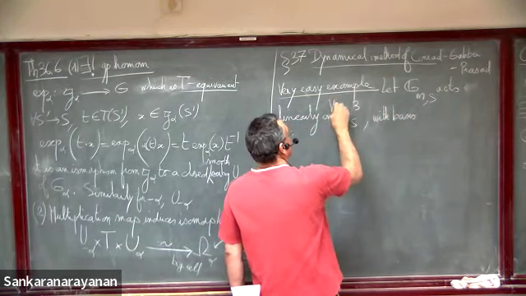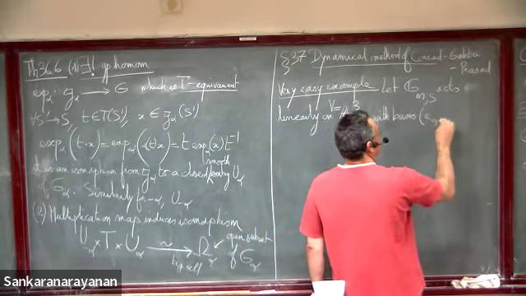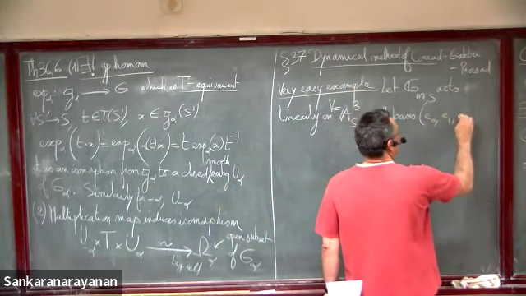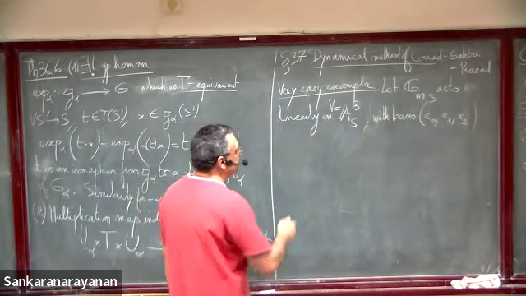Okay, so let me call this V. And we call the standard basis, I call it e0, e1, e2.